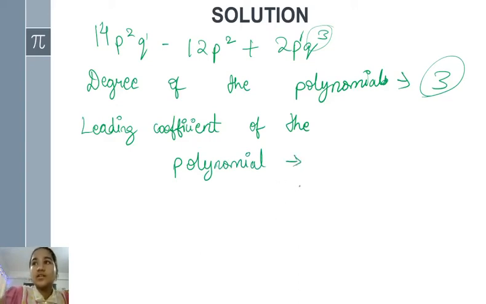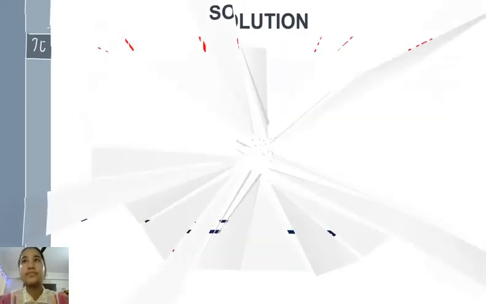Yes, you are right. The leading coefficient is 2pq. Why? Because this has the highest variable.